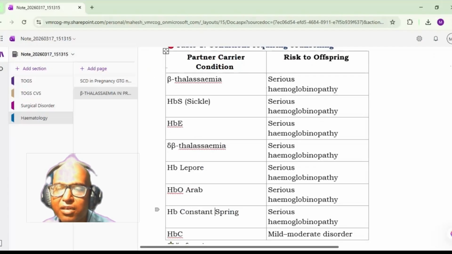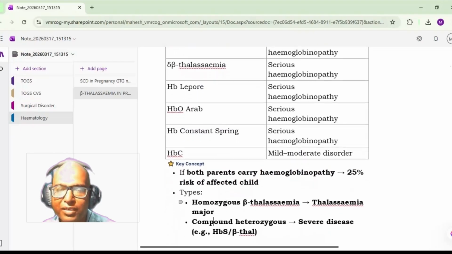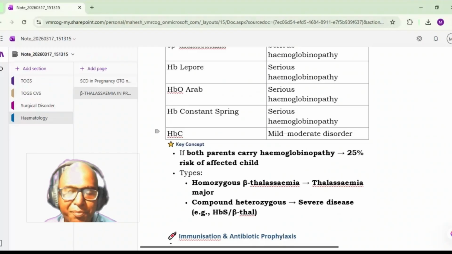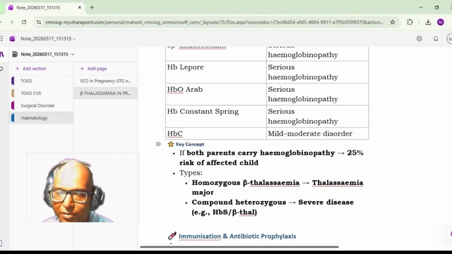Only HbC is a mild to moderate disorder, so offspring can have a mild to moderate disorder.